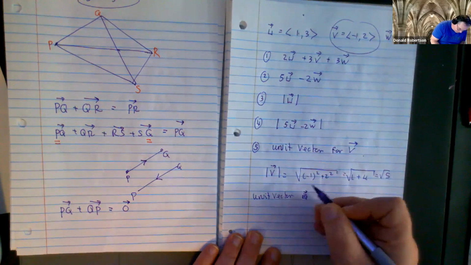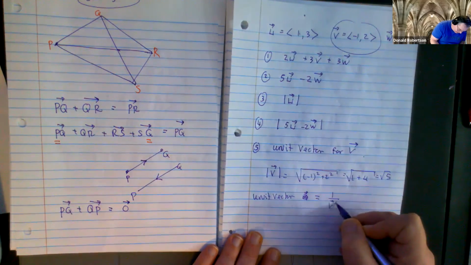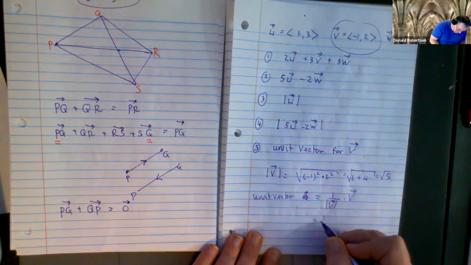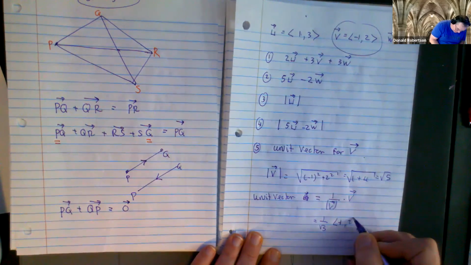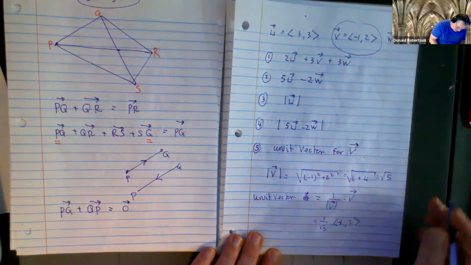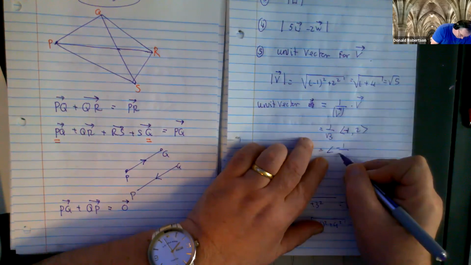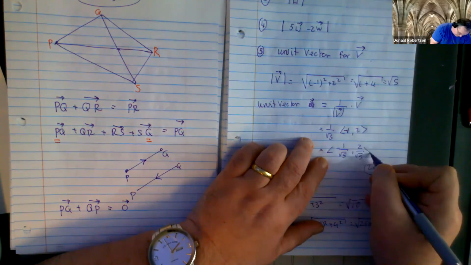I can't call it you, somebody else is called you. Is 1 over the magnitude of the vector v. So it's going to be 1 over root 5 times that guy. And that gets me -1 over root 5, 2 over root 5.